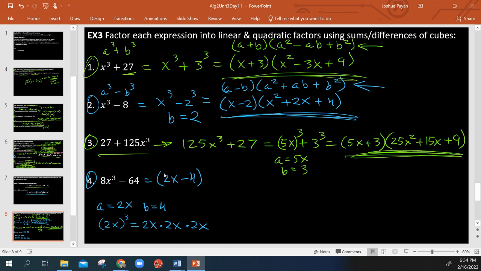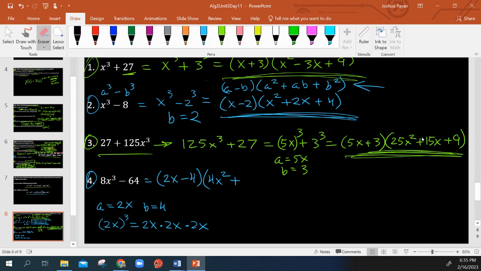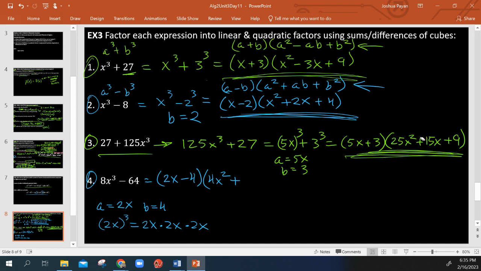Okay, so there we have it. And then we plug into the second factor, so a squared, so 4x squared. And that's going to be plus a times b. Oh, I messed that up in the last example. You guys are probably watching the video wondering, why did he change it to a plus sign? I knew I was going to do it at least once in this video.